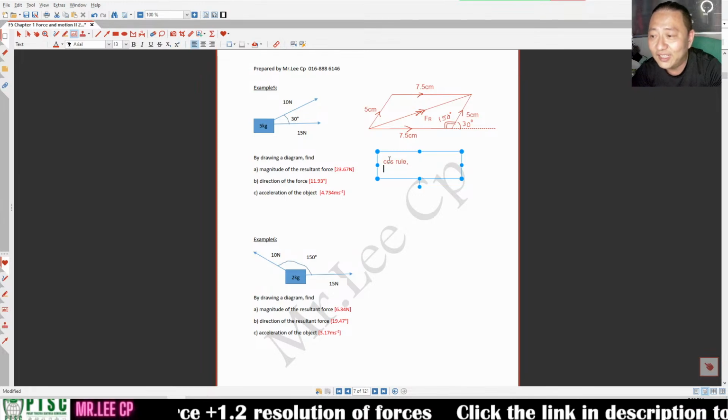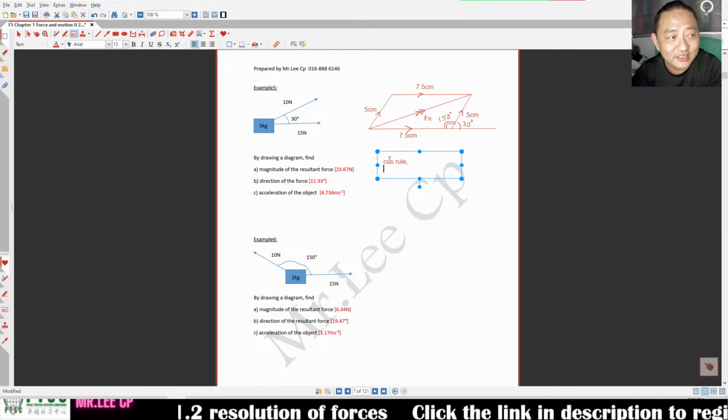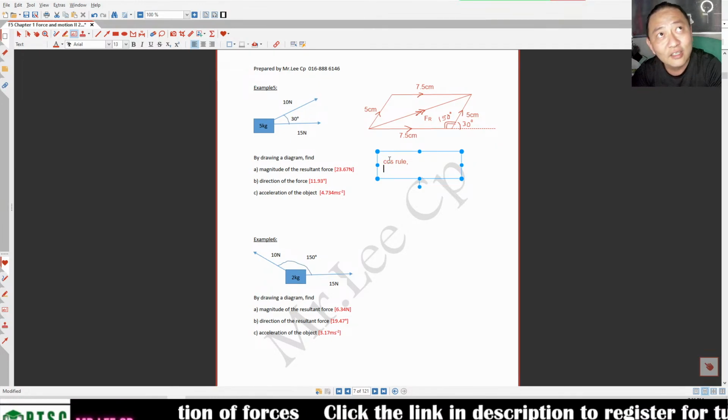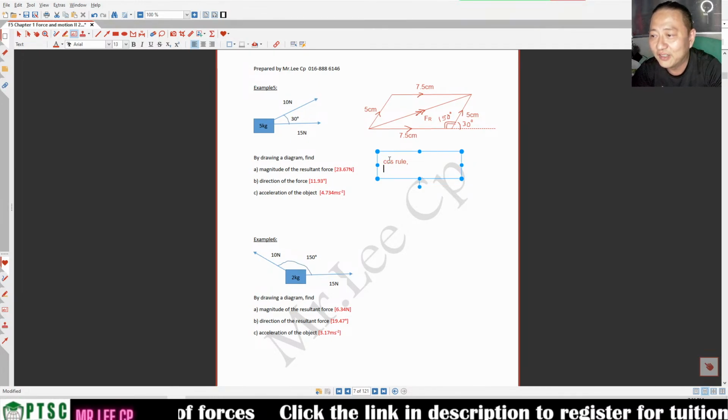The cosine rule says that a squared is equal to b squared plus c squared minus 2bc cos A, right?